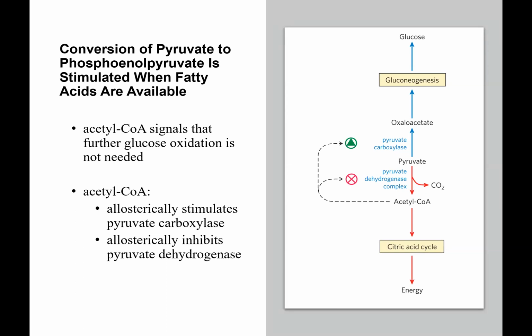So the PDH complex, which we'll be talking about very soon, takes pyruvate and converts it to acetyl CoA. And then acetyl CoA goes on into the citric acid cycle. So acetyl CoA, if there's plenty of it, stimulates pyruvate carboxylase because we're saying, let's go gluconeogenesis.